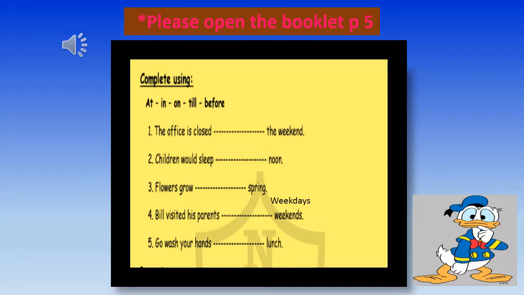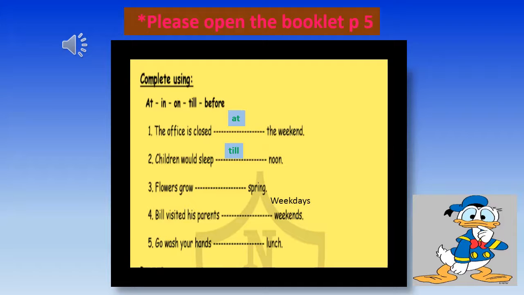The office is closed at the weekend, because I told you before, the word weekend you have to put at. Number 2. Children would sleep noon. Children would sleep till noon, until noon.